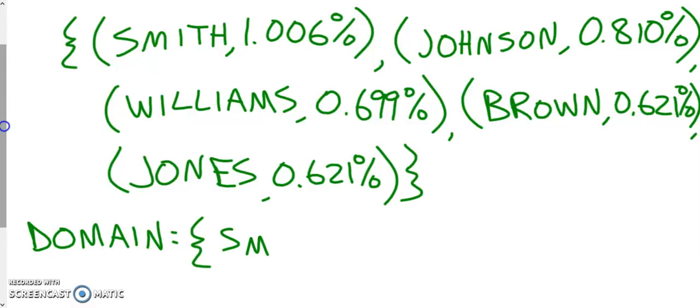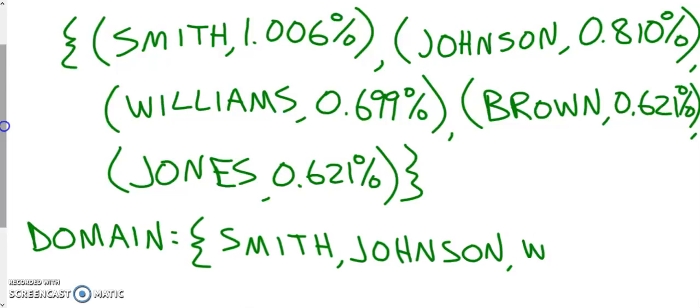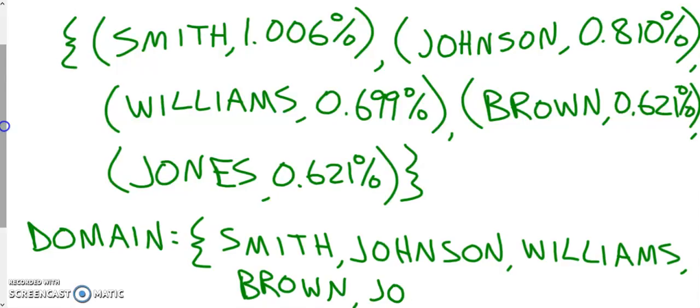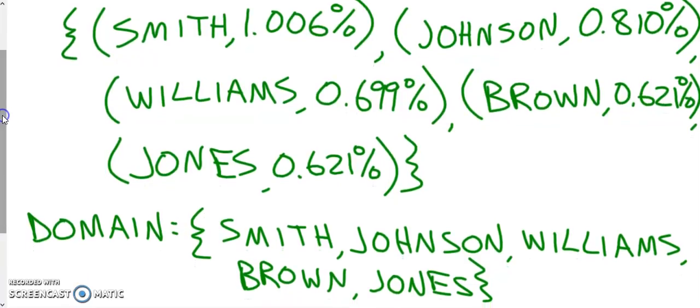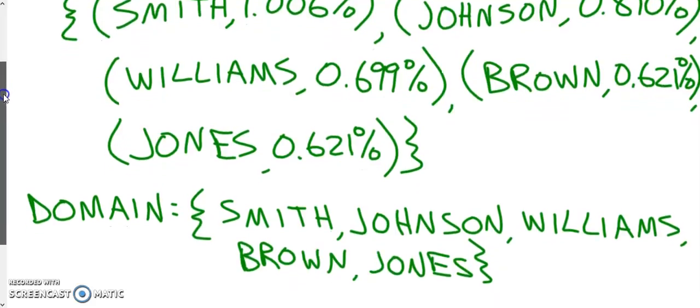So Smith, Johnson, Williams, Brown, and Jones. So that's the domain, which would mean that the range would be the percentages.